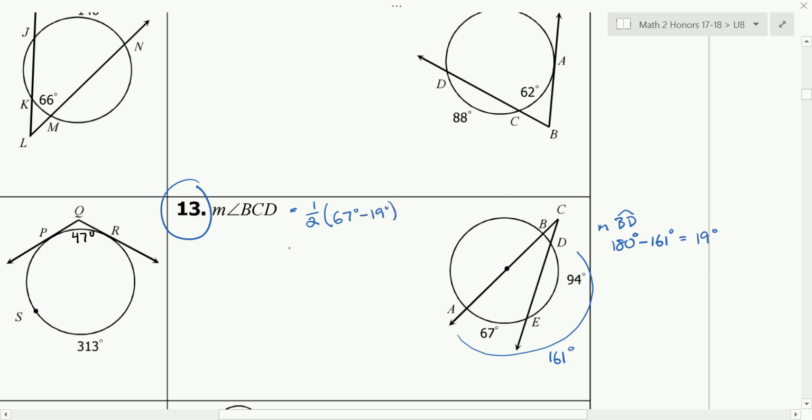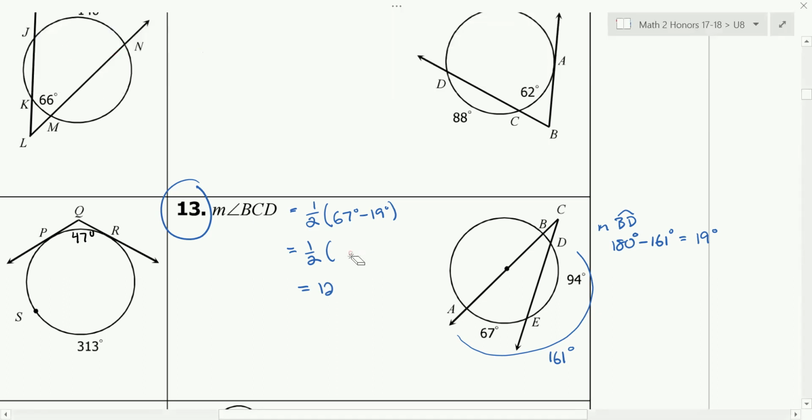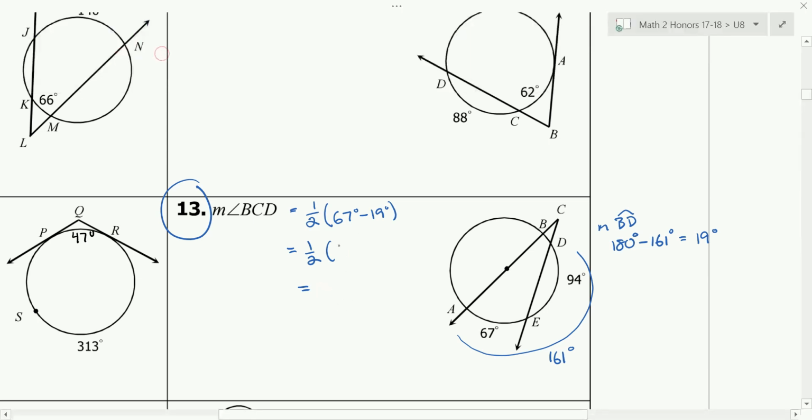And what's 67 minus 19? You got 48 here, and half of that is 24 degrees. 24 was the final answer. Anybody else get 24? Any other ways?